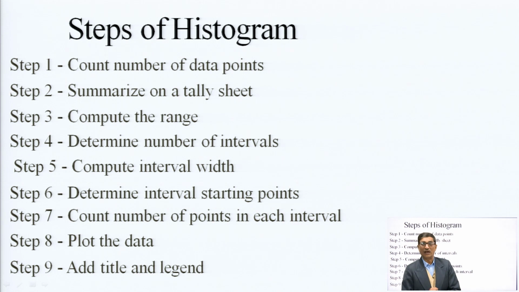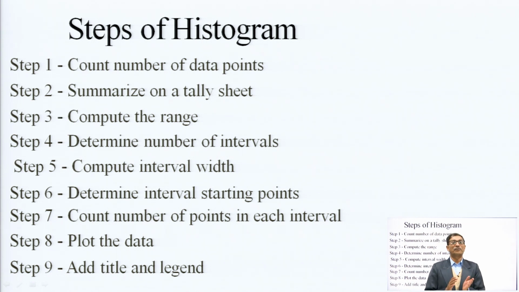Now, what are the steps of a histogram? First step, count the number of data points, then summarize on a tally sheet. First we count the total number of data points, then summarize into a tally sheet, that means we prepare the frequency distribution and compute the range.